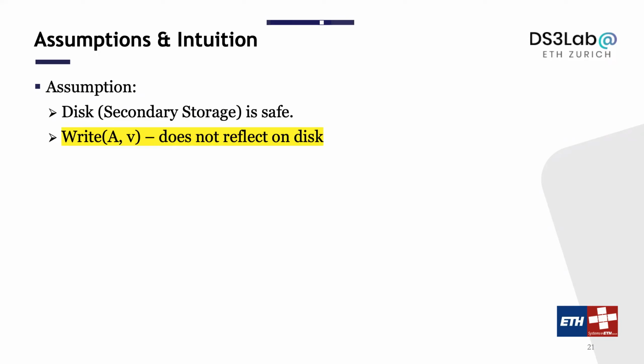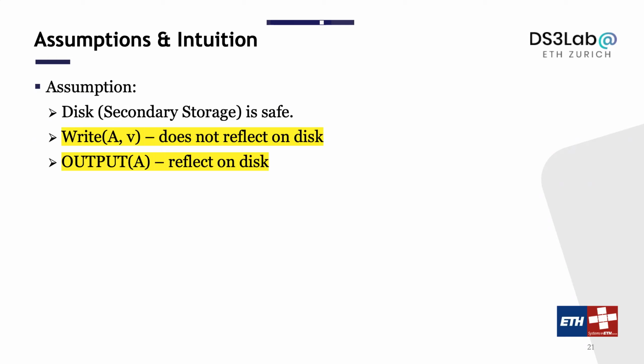And one thing that's different from when we talked about isolation is, in a transaction, whenever I write something, we assume it does not reflect on disk immediately. It only gets reflected if I explicitly ask you to flush it. So I introduce another instruction called output A. From now on, when I write something, it does not get reflected on disk.